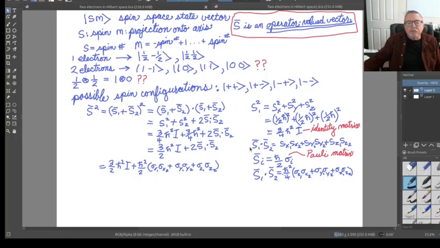Now I want to expand these 2 things. So I'm going to say that that's the X components, the Y components, and the Z components of the 2 electrons. All right, now any one of these S-i bars can equal H bar over 2 times the Pauli matrix.